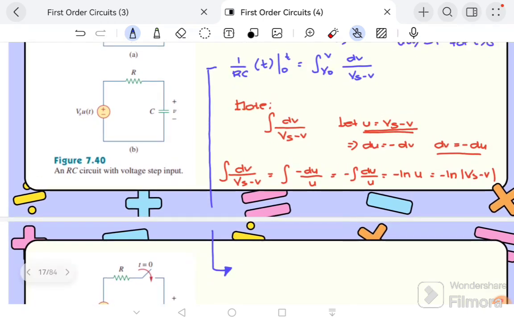And 1 over RC times t, from 0 to t, is 1 over RC times (t minus 0), or simply t over RC. So the integral of dv over (Vs minus v) equals negative ln (Vs minus v) from V sub O to v.